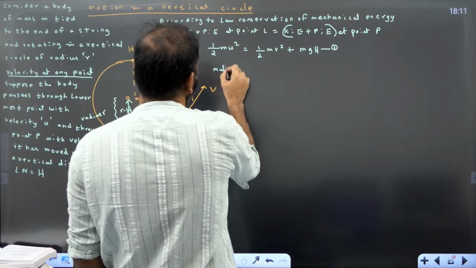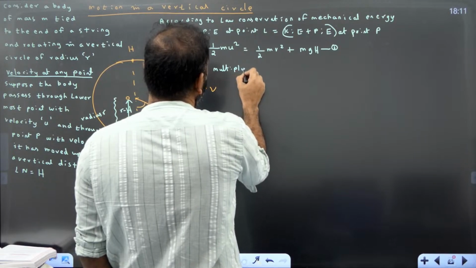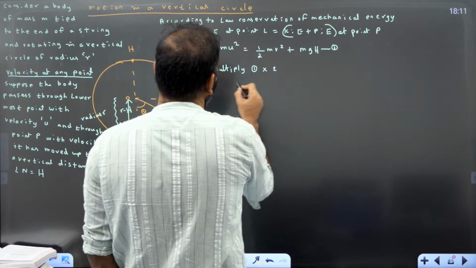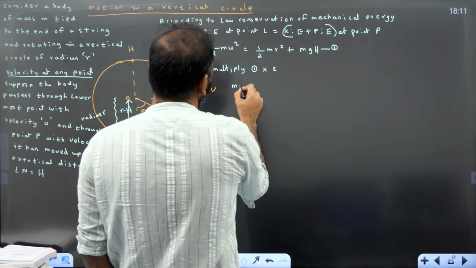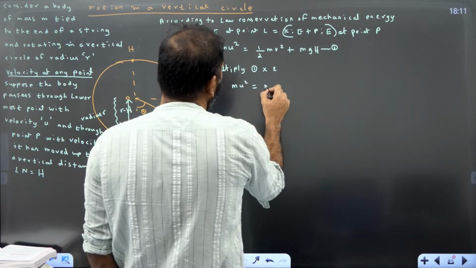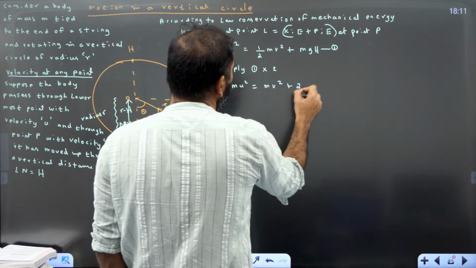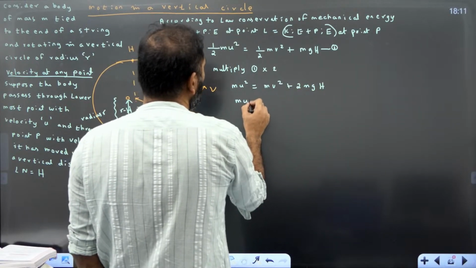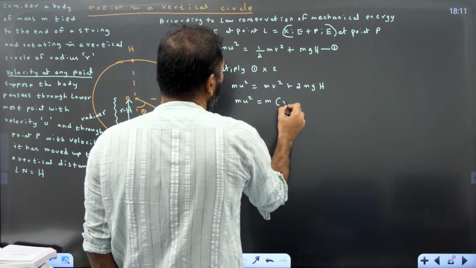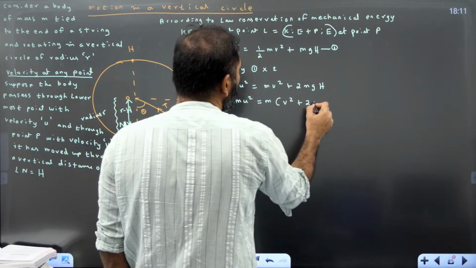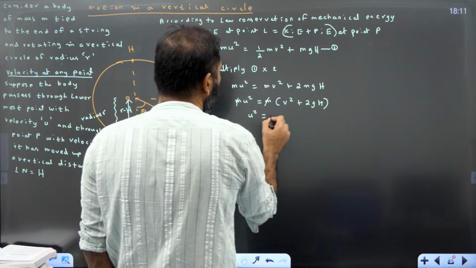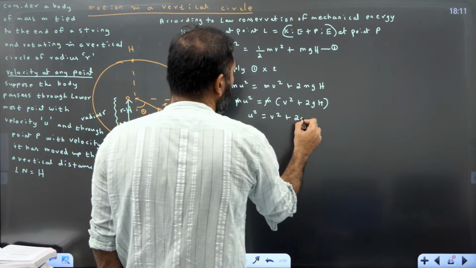Multiply equation 1 by 2, then mu square is equal to mv square plus 2mgH. So mu square is equal to, if you take m common, m times v square plus 2gH. So u square equal to v square plus 2gH.